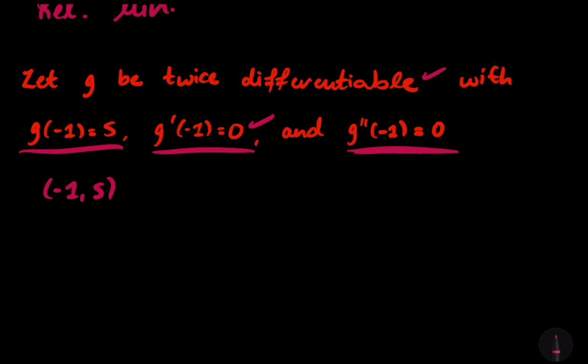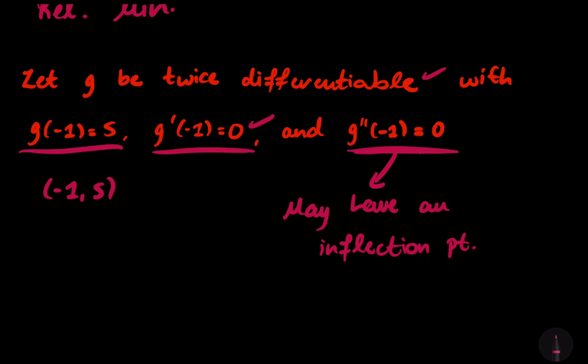But when we look at the second derivative, we get that g double prime of negative 1 is equal to 0. And so this tells us that we may have an inflection point. Why? Well, we know that inflection points are points at which we change concavity.